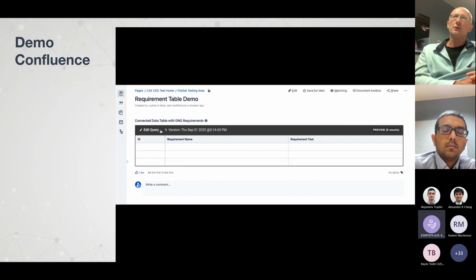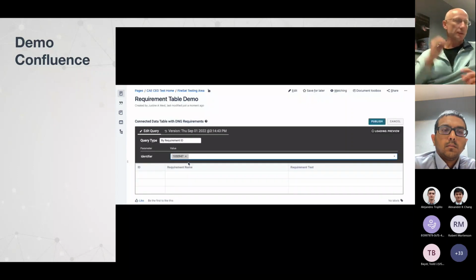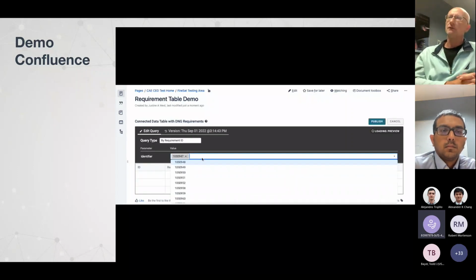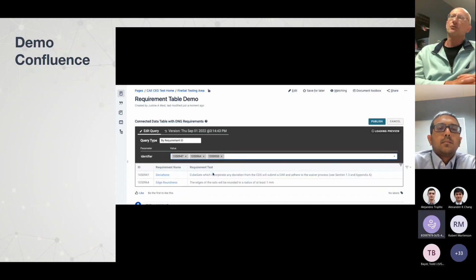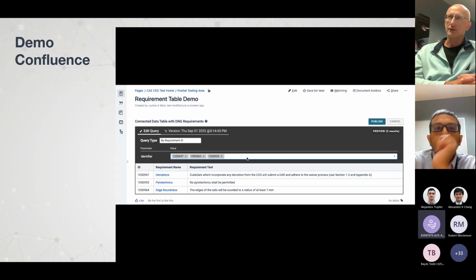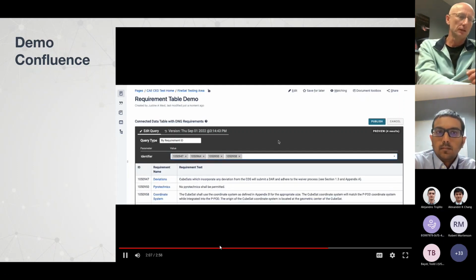Another example is a query-based table. So what you see here is a table which is query-based. You select your requirements by ID, it populates the table, and you know where it comes from and when it was inserted. So you have the whole version and CM process there as well.